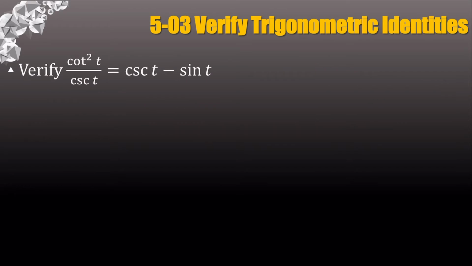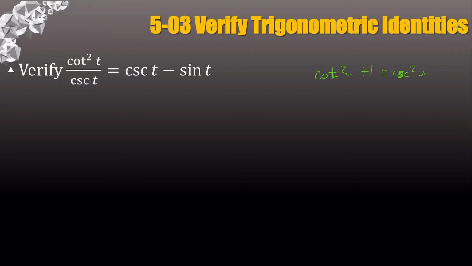Let's try this one. Have to decide which side's more complicated. I don't know, so I'm just going to start with the left side. On the left side, I notice there's a cotangent on top and cosecant on the bottom. I know an identity that has cotangent and cosecant: cotangent squared plus 1 is cosecant squared.